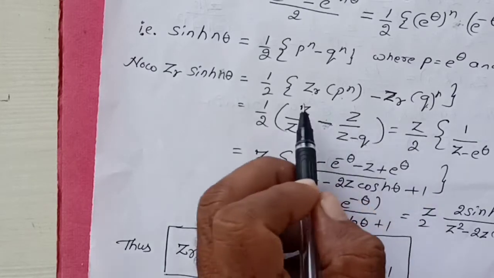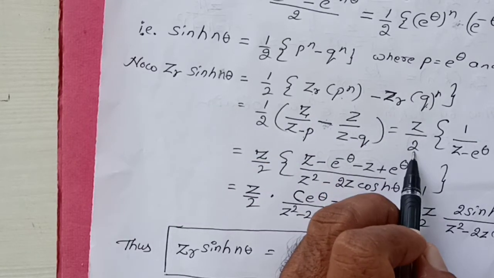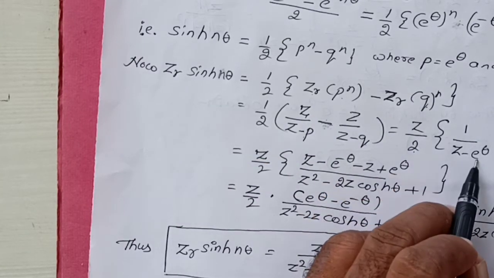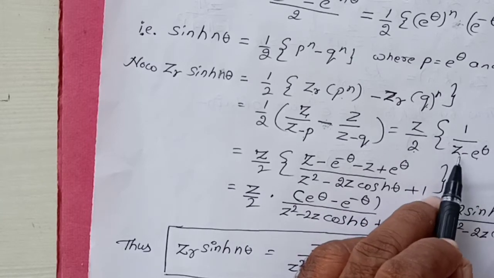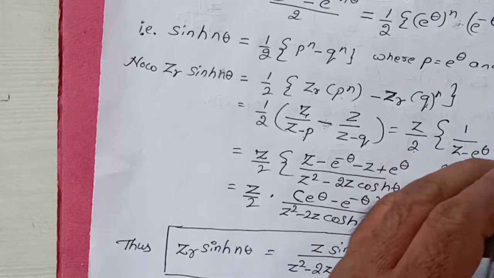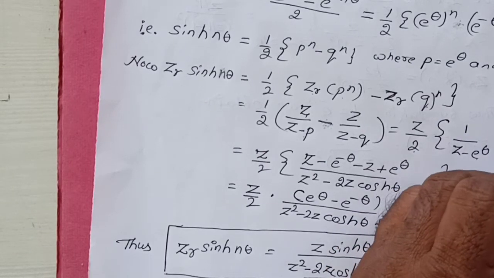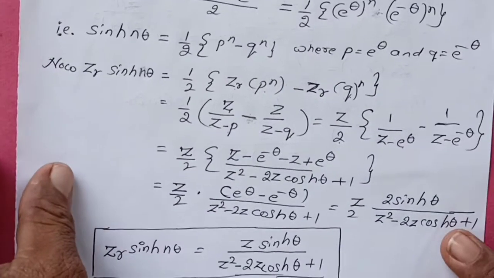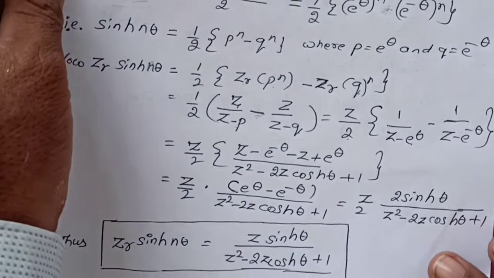So again take z common outside, z by 2, 1 upon z minus e raised to theta minus 1 upon z minus e raised to minus theta.